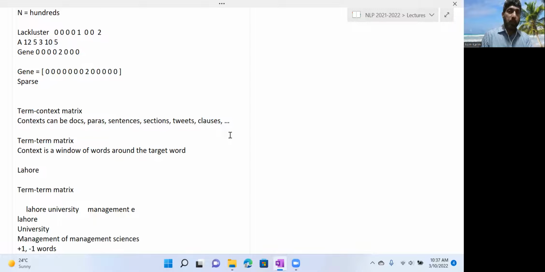But what about Lahore and management? Does management occur in the context of Lahore in this small corpus? Yes, just once.